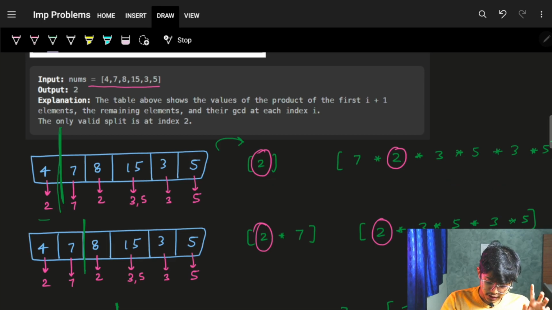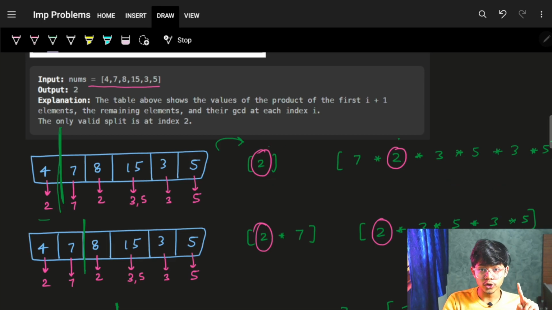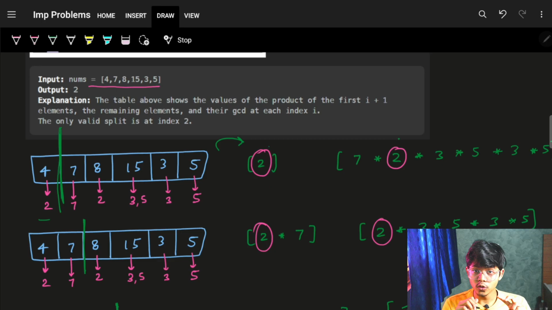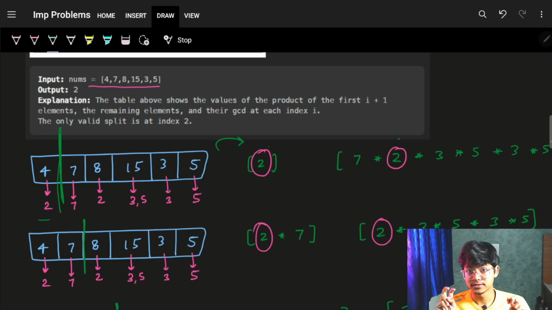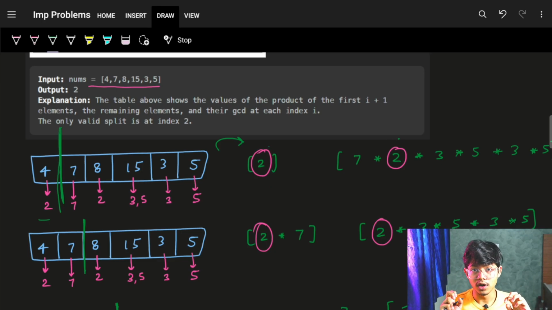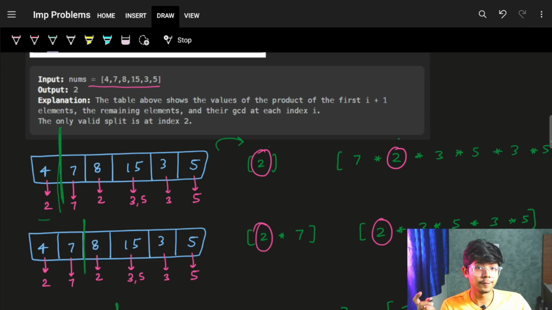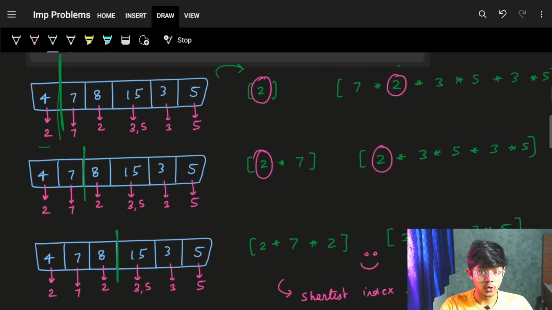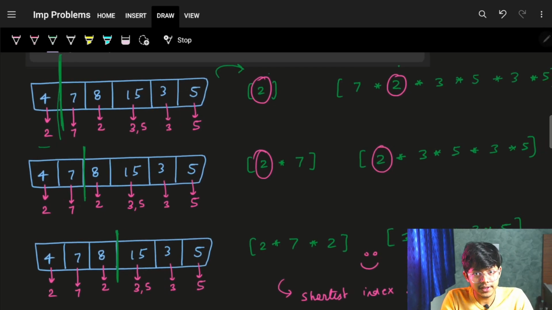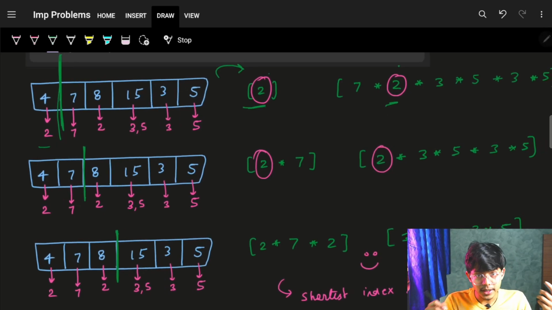Cool. You can easily see that 2 is in both of them, which means a 2 will be a common factor when we take the GCD of both of them. So these two are not coprime, because 2 is in both of them.